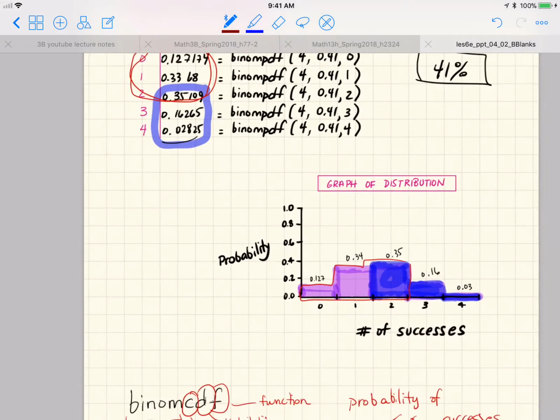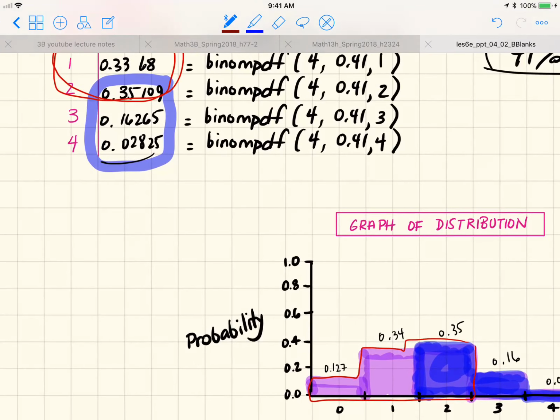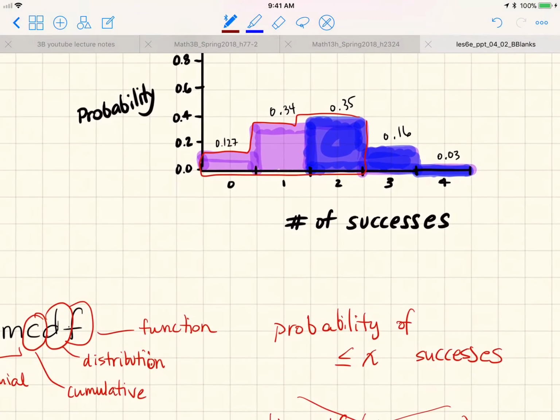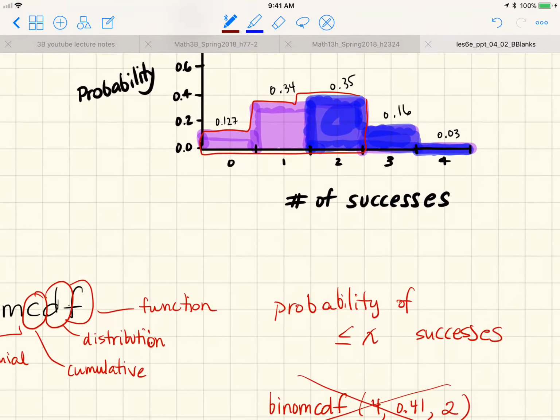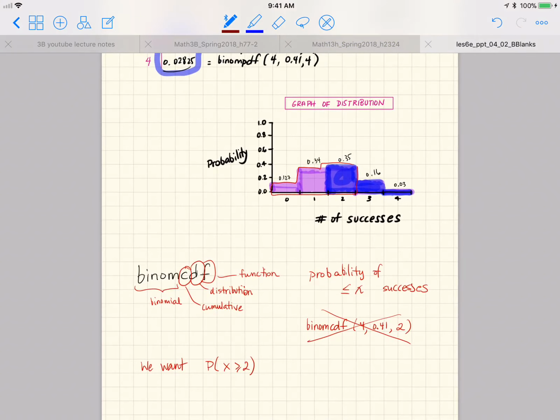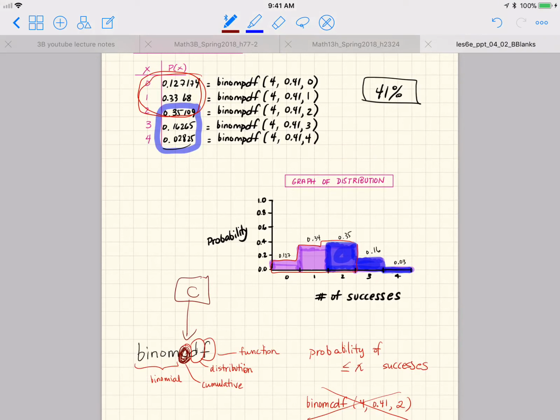So you can do this problem just by adding up each of these probabilities. However, sometimes there are a lot of probabilities to add up, and it's faster to use your binomial CDF. Remember, CDF is when you want cumulative numbers.